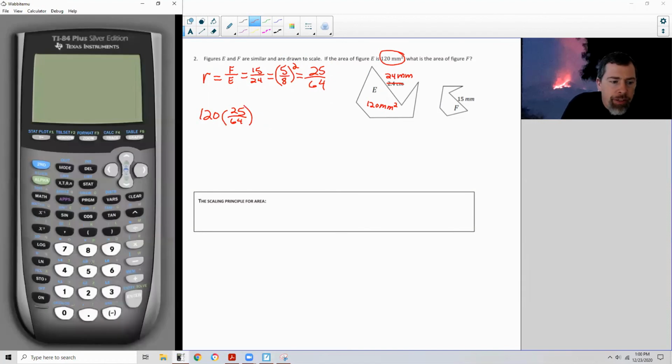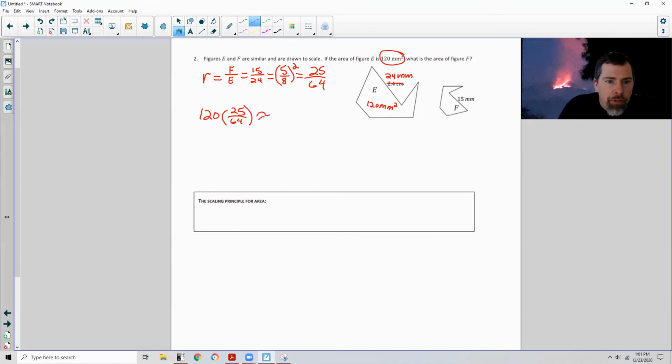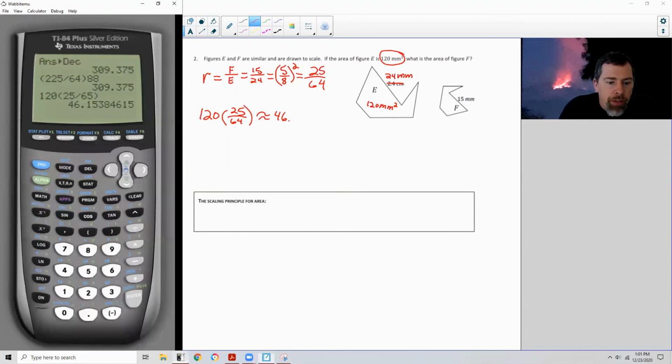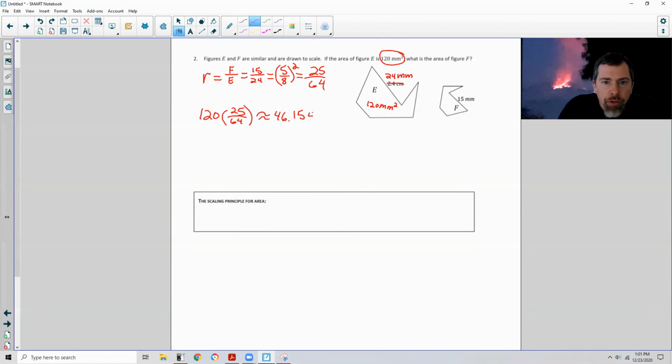And when I put that in the calculator, 120 parentheses 25 divided by 64, I will get 46, approximately, I'm going to round, 46 point, and does it say what to round to? No. 46.154. Let's go out 3 decimal places. The 8 will make the 3 a 4. 154 millimeters squared. So that is the area of F.